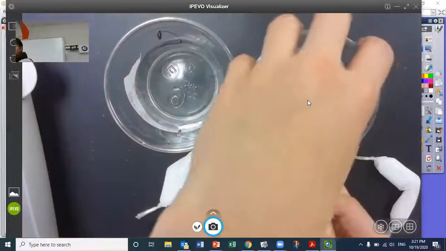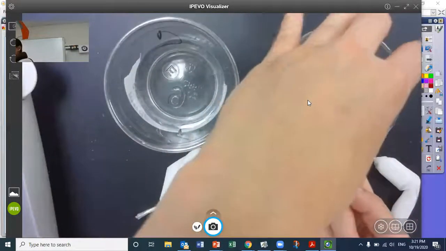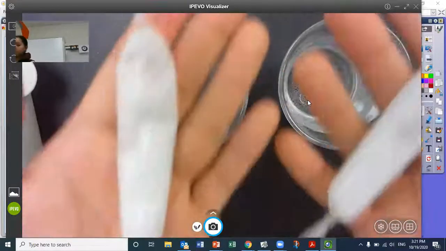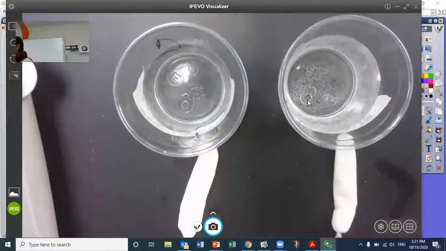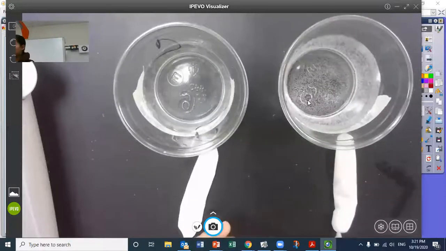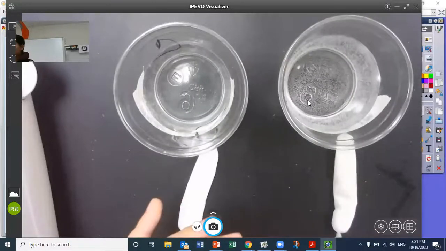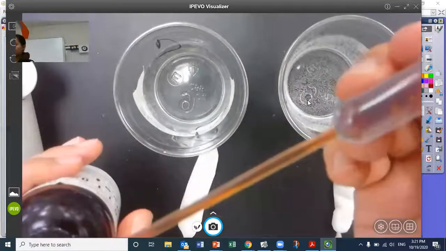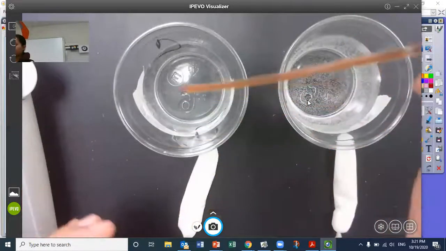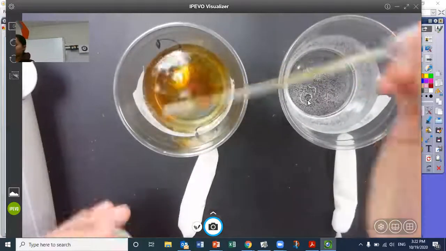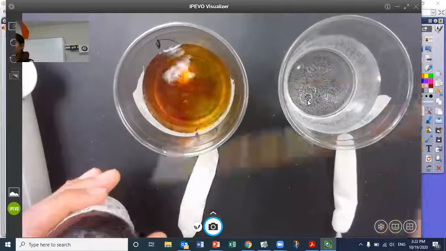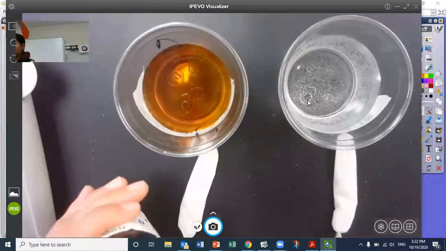This one says starch on the inside and then pure water with iodine on the outside. Okay, that means that before I put in my little cells with starch, I'm going to add iodine to the solutions on the outside. And as you can see, the iodine color is this brownish reddish color. When you add it to water, it gets diluted a lot, obviously.